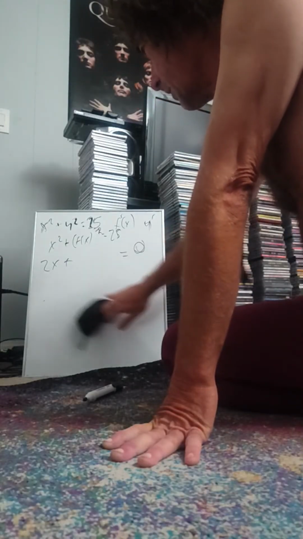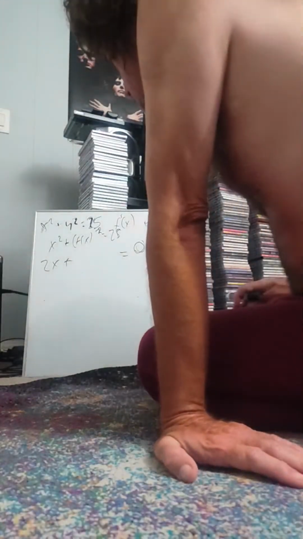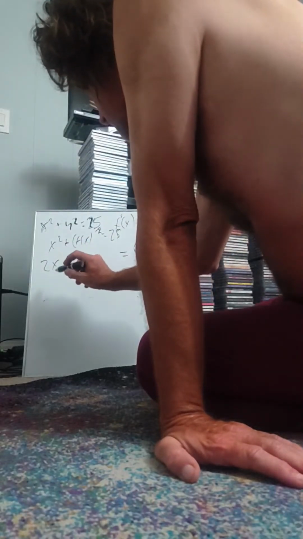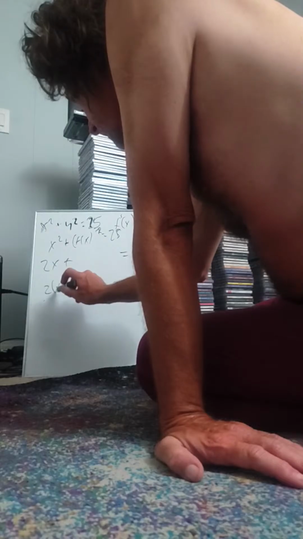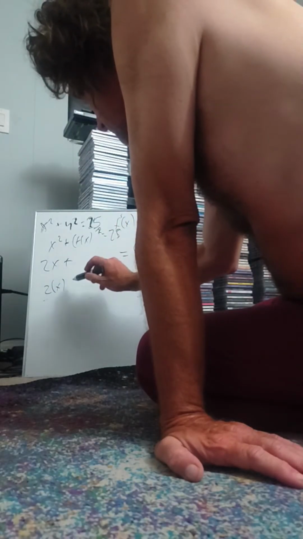Now, the hard part is in between here. Let's do it. I'm going to use the chain rule. Let's call z of x, which is this.